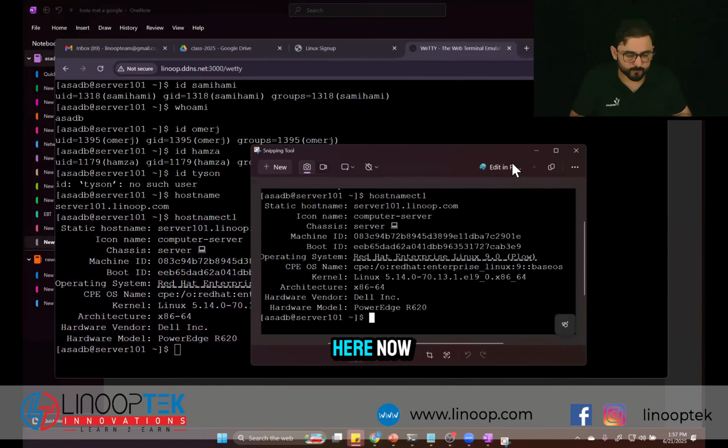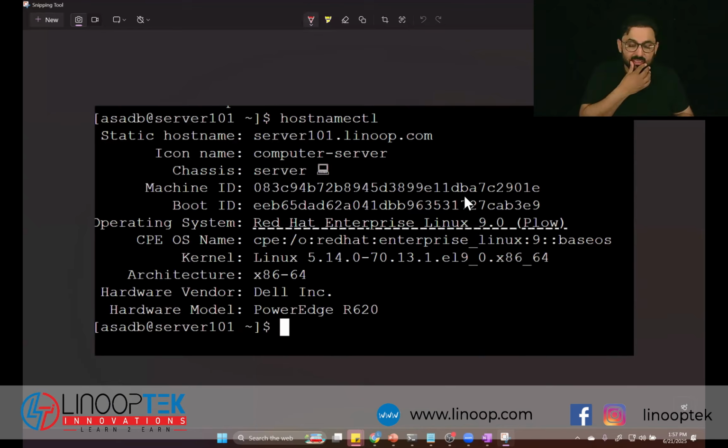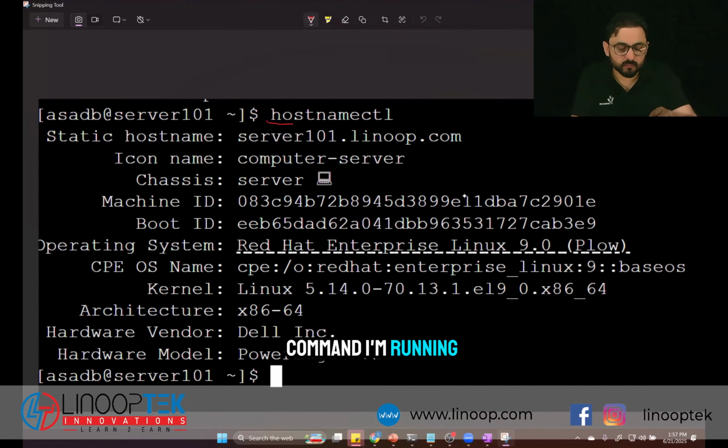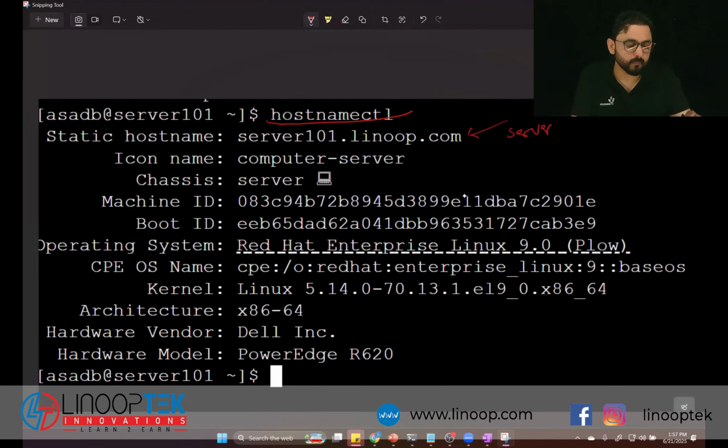Take a look at this. This is the command I'm running, and this right over here is my server name. What is this telling you? It's telling you that this is a server.